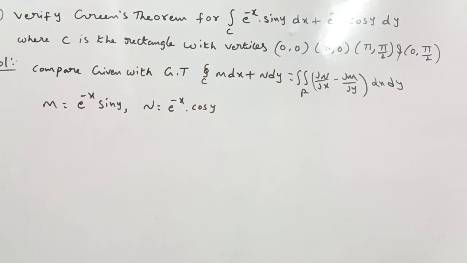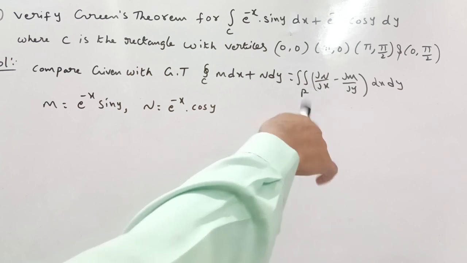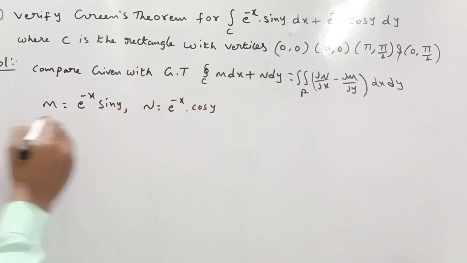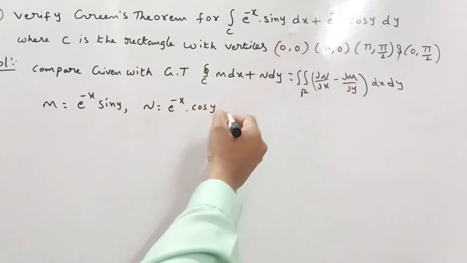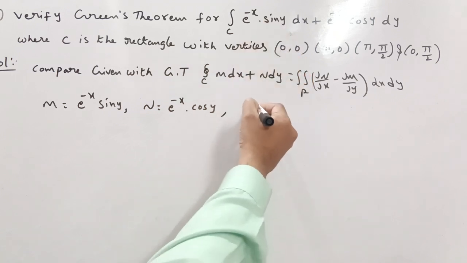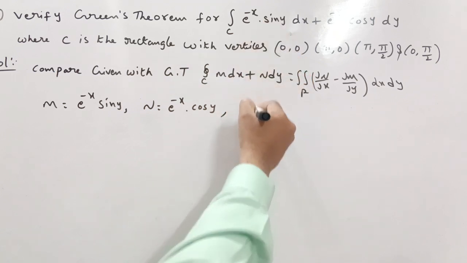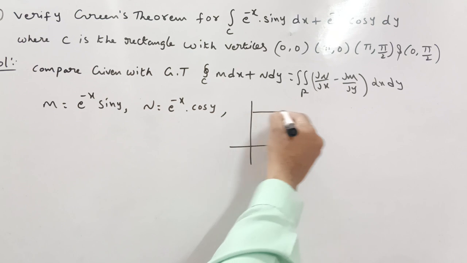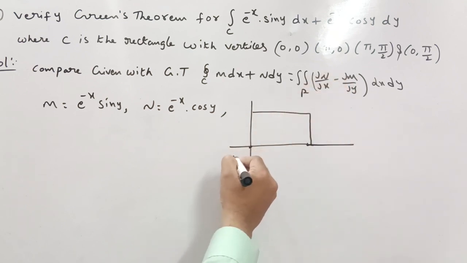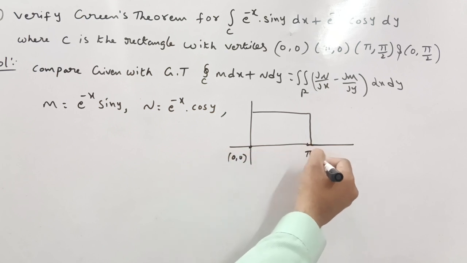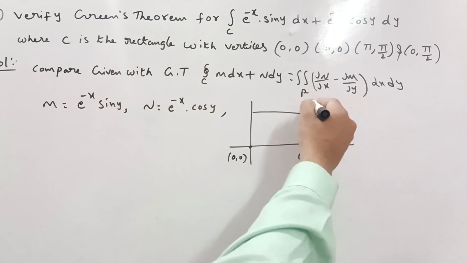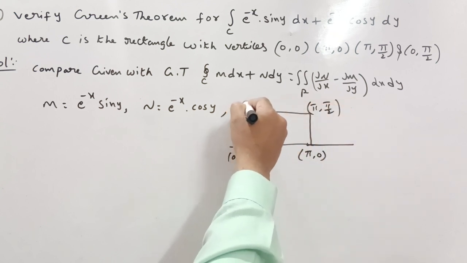Now see here what we have to find. First we'll solve the right hand side part. To solve the right hand side part, we first need to know the limits also. He gave a rectangle with the vertices. If I draw the rectangle here, this is the rectangle. The points are 0 comma 0 and pi comma 0, then pi comma pi by 2, then 0 comma pi by 2.